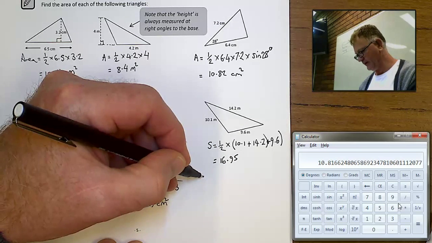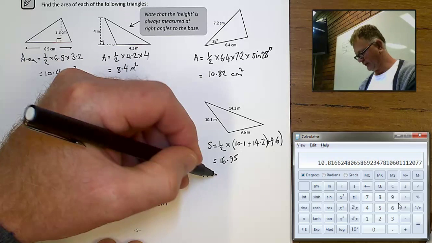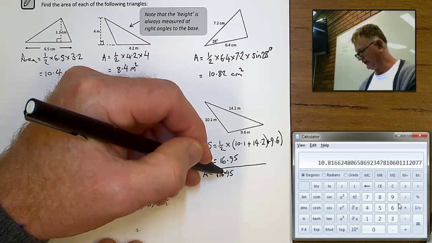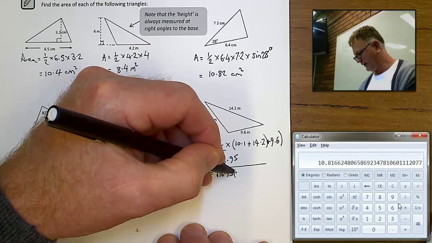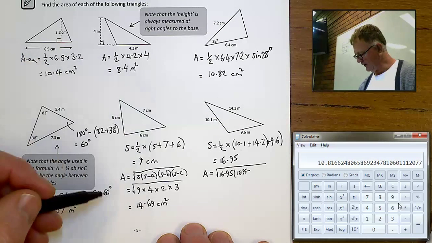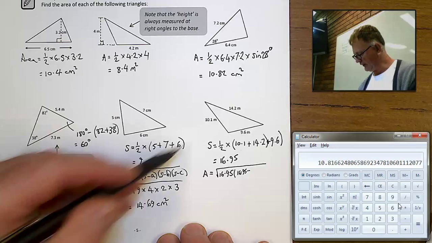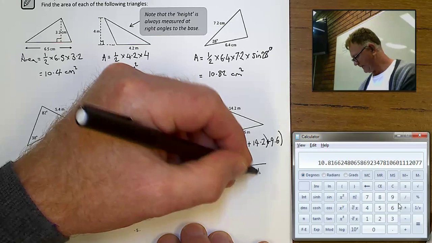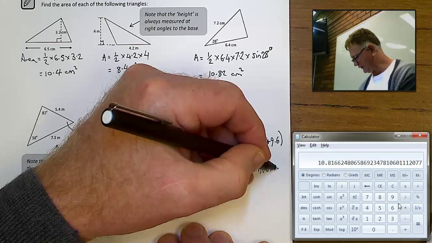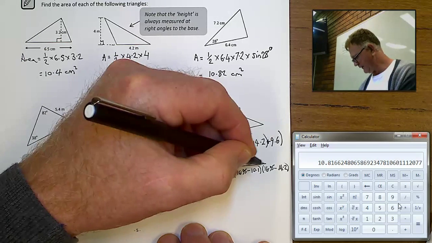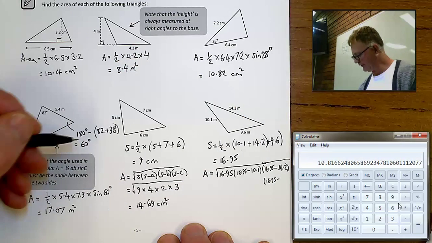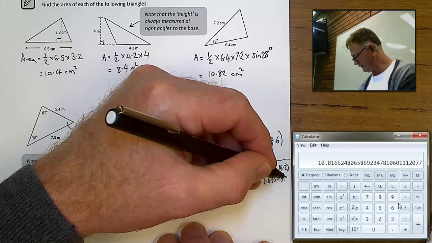Now to work out the area equals, and we've got our Heron's formula. That number there, half perimeter, semi-perimeter, 16.95 times, and it'll be 16.95 minus our first side, 10.1, 16.95 minus 14.2, very ugly setting out, 16.95 minus the third side, 9.6.